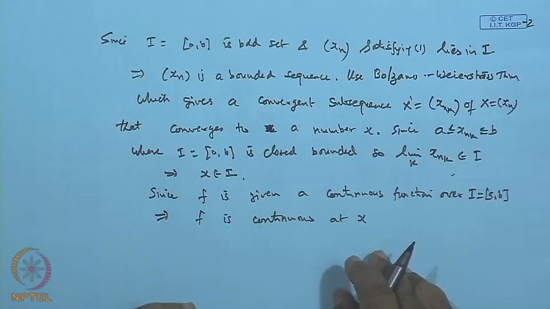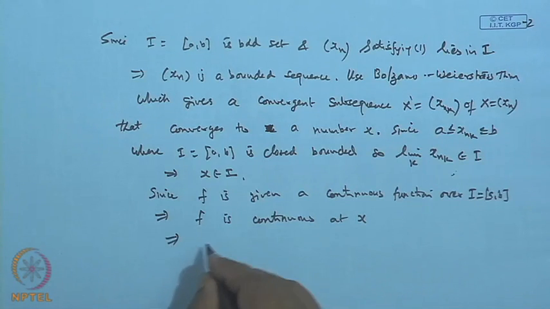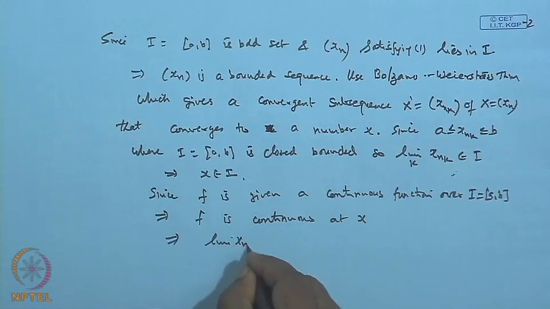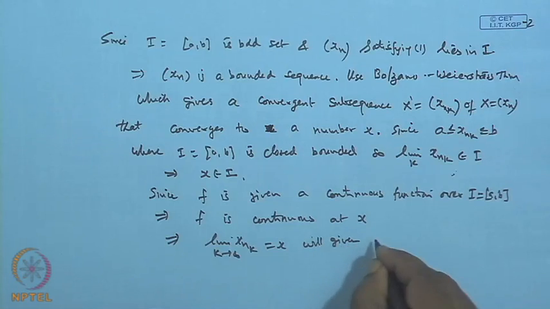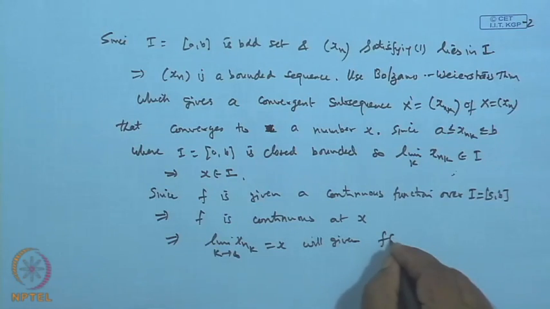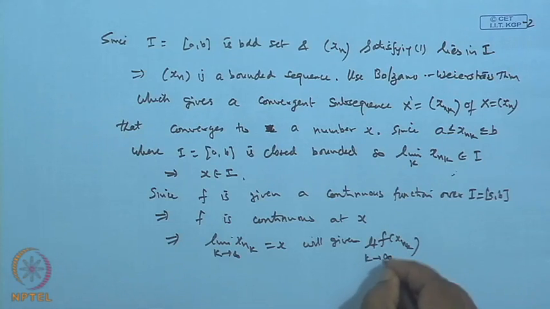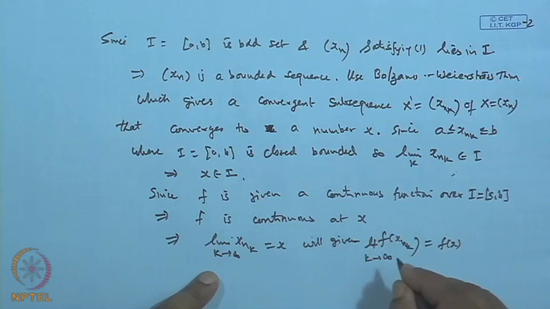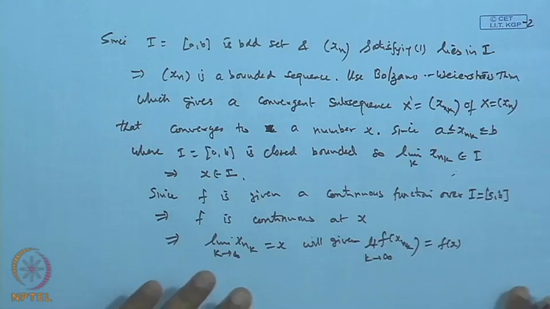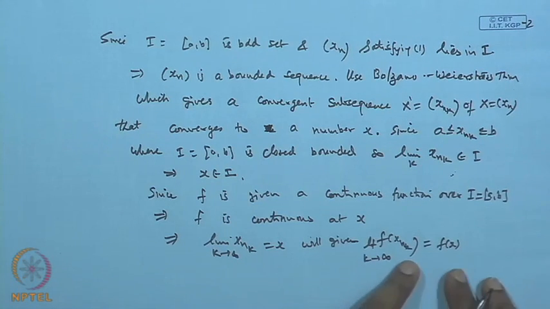So, by the Heine-Borel theorem, this implies the limit of x_{n_k} as k tends to infinity is x, which will give the limit of f(x_{n_k}) as k tends to infinity is nothing but f(x), because of the convergence part.